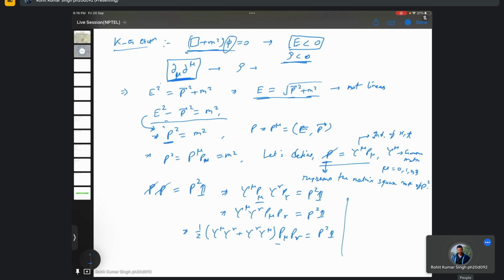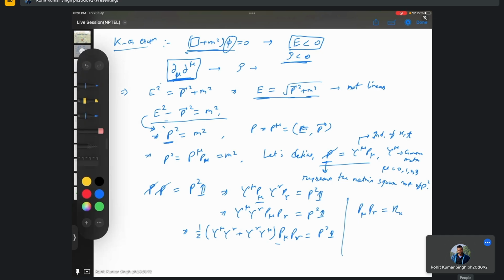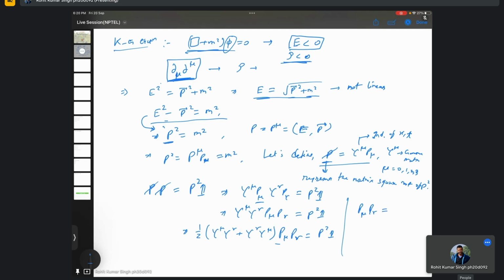Now you see, you know that p mu, p nu, you can write them as eta, sorry, let's see. So we have to get the mu indices on the head.